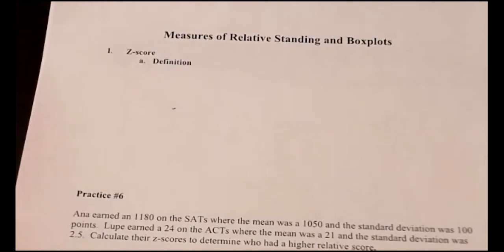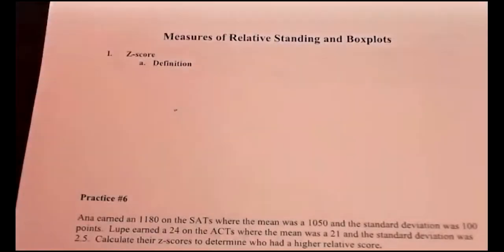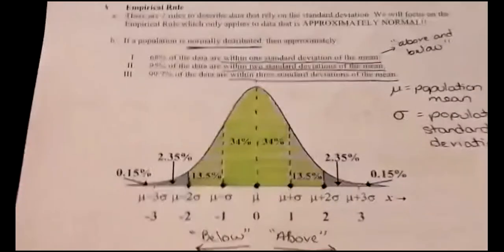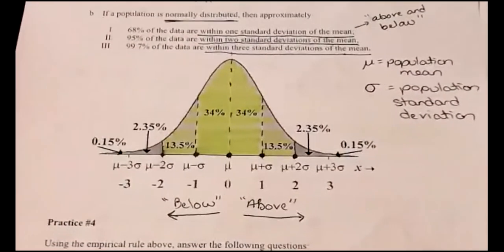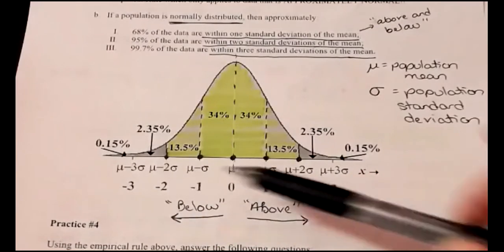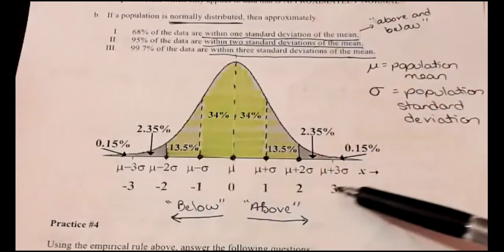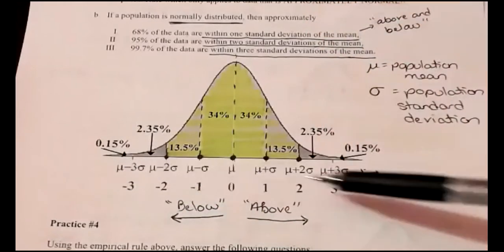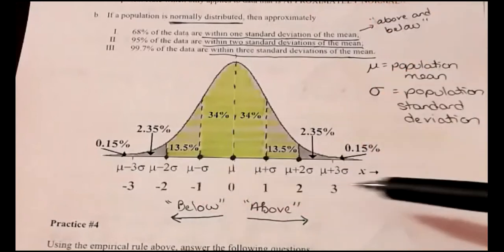We're going to start off by defining z-score. We talked about this last time. So let me flip back to a previous page just for a moment. Do you remember the empirical rule that we discussed on Monday? One of the things I wanted to comment on is that these numerical values, -3 to +3, all also represent z-scores.